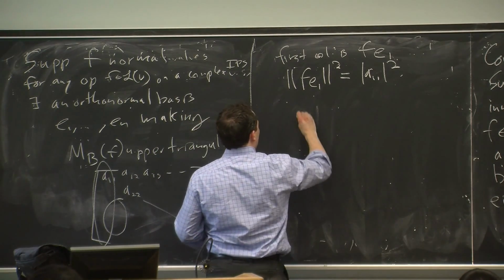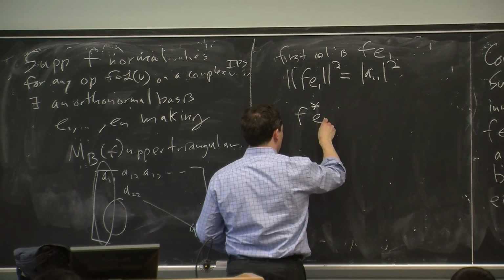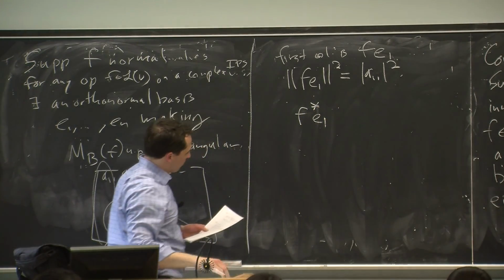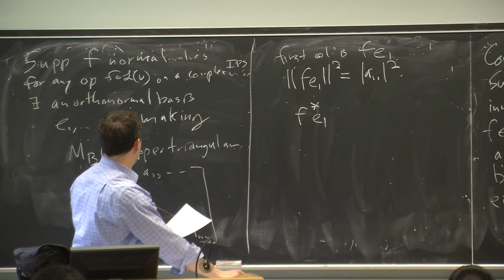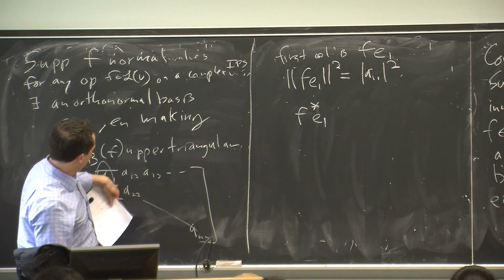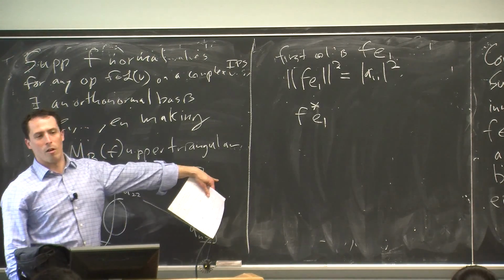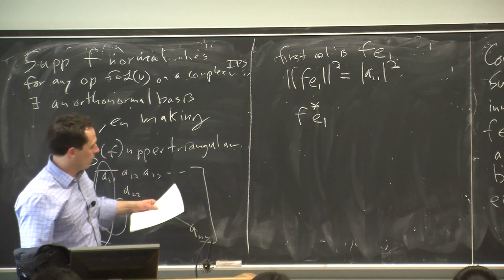Now when I think about the adjoint applied to E1, the matrix of the adjoint is the conjugate transpose. So the first column of the matrix of the adjoint is going to be just the first row of this matrix, but conjugated. Right?